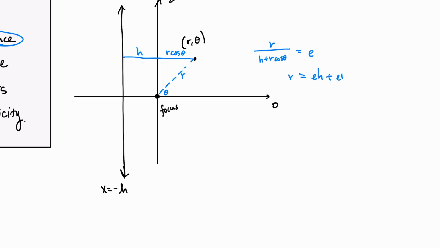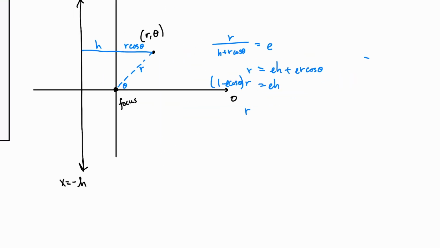Great! So r is equal to eh over 1 minus e cosine theta. So that is actually what we have for the general form of conic sections.